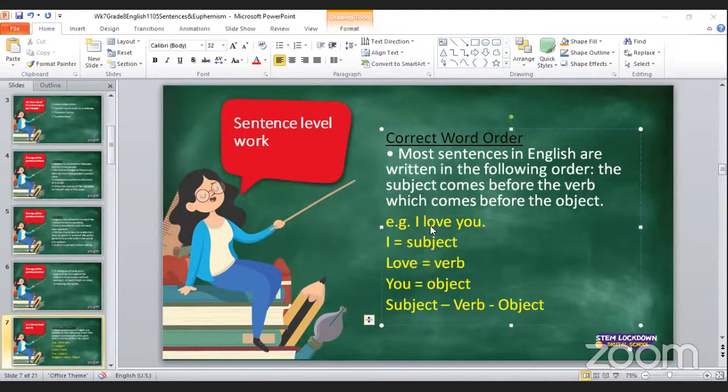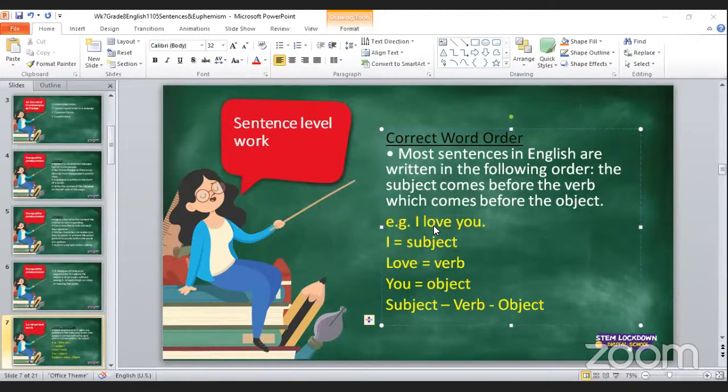If I say love you, it will not make sense because that word order is incorrect. If I say to you love you, you won't understand what I'm trying to say because the order of the words is not correct.